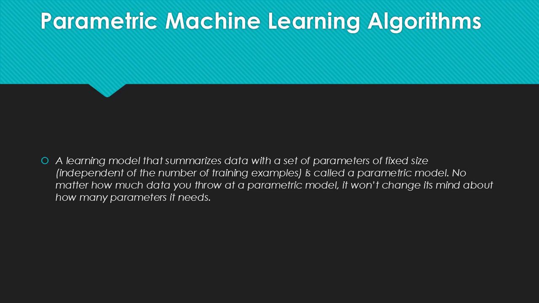I repeat, the number of parameters that is going to be used does not depend on the size of the data set. Even if the size of the data set increases, if 2 parameters are used to train the model, the number of parameters used is only 2, and if the size is smaller, the number will not change, which is called parametric.